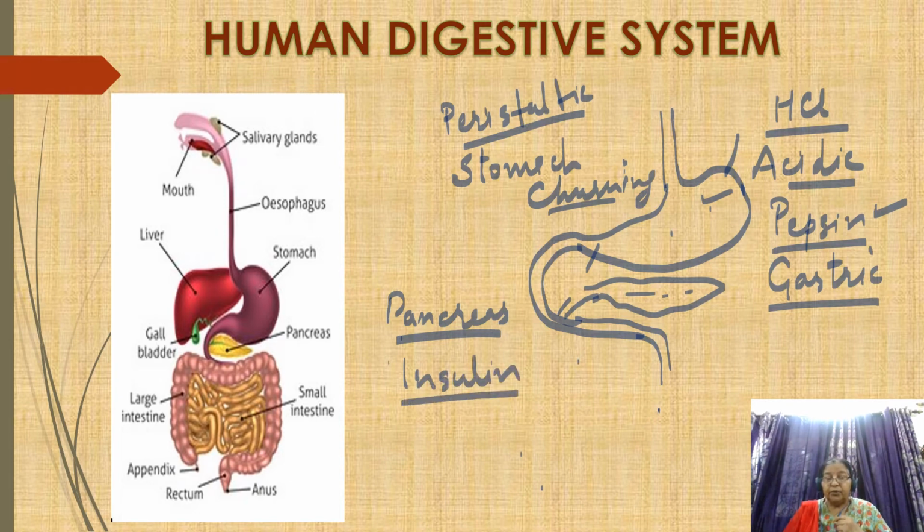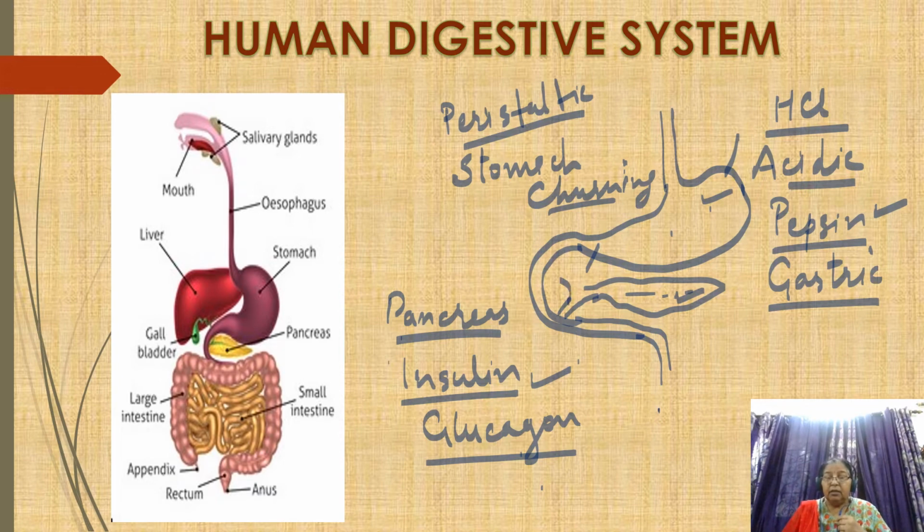Insulin hormone is produced by this pancreas, and another hormone is glucagon. It helps in digestion and metabolism of sugar. So जिसको sugar की बीमारी हो जाती है, insulin is not produced in sufficient amount or it is not being used by the body. Clear?